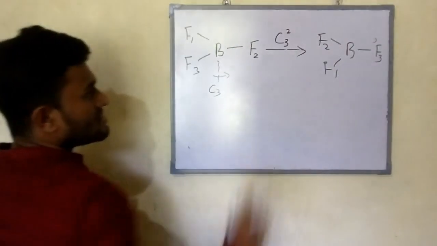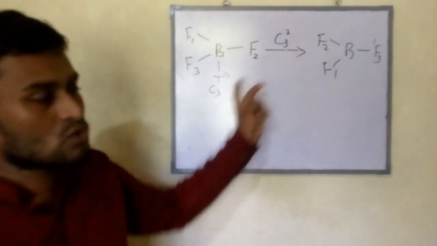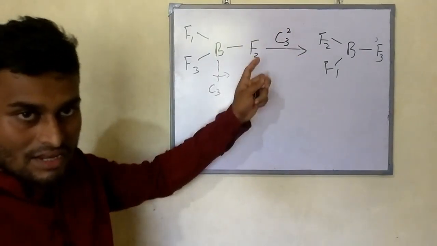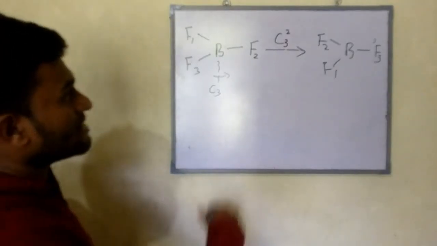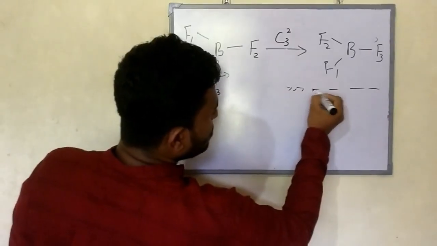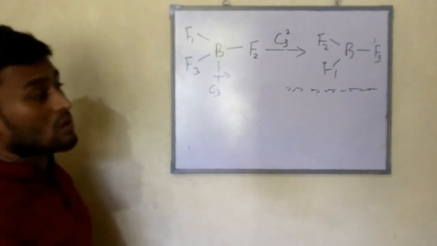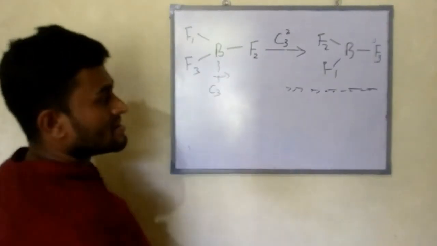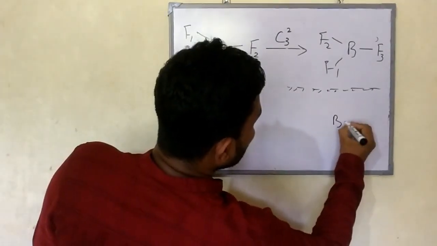So this is your resultant one. Anyhow, these two are indistinguishable in reality. So C3 2 is possible, and you can convert it into S3 2. How do you add a mirror plane? You put a mirror plane perpendicular to the rotation axis. Then the same molecule will come.